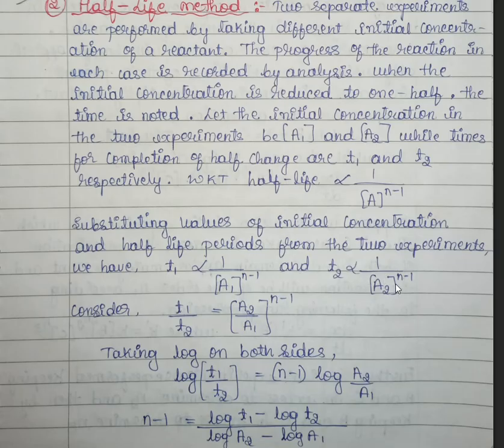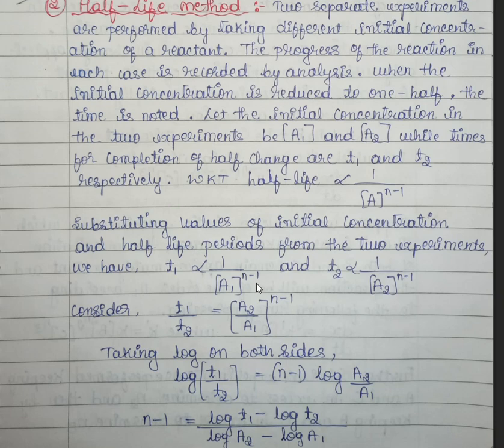At two different initial concentrations, we get two different half-lives T1 and T2. T1 is proportional to 1 divided by the molar concentration of A1 to the power n minus 1, and T2 is proportional to 1 divided by the molar concentration of A2 to the power n minus 1.